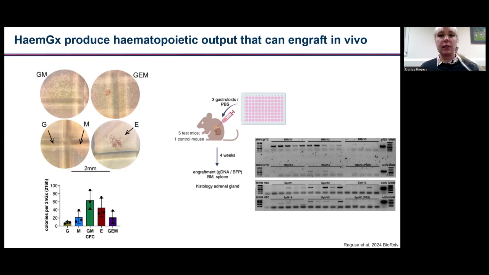So this tells us that the cells that we are producing from this 3D model can also establish themselves in mouse tissues and mature within these sites.